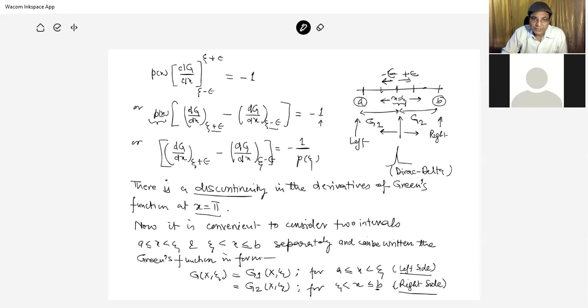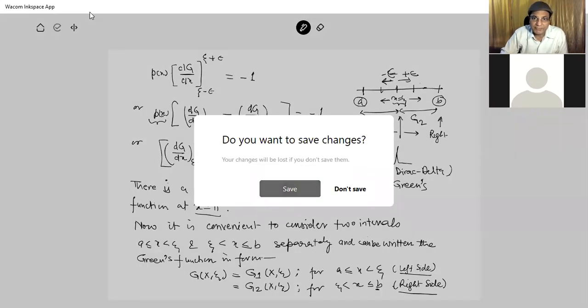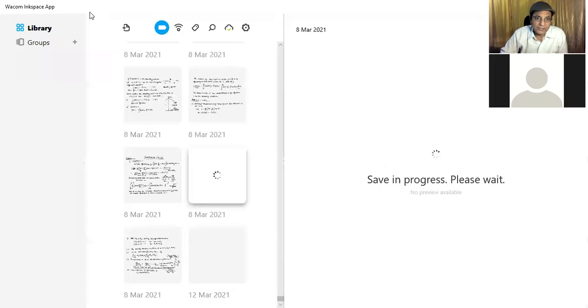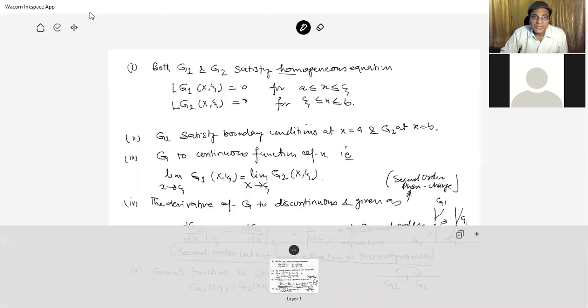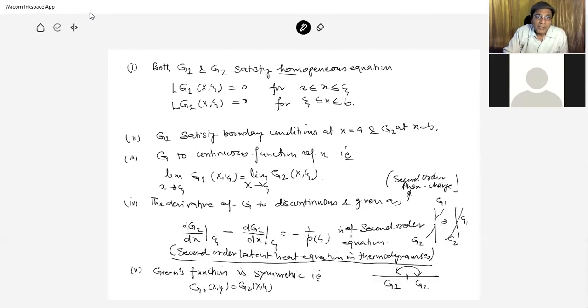I would like to discuss these things separately just after a few minutes, by considering the various methods. Both G1 and G2 satisfy the homogeneous equation.